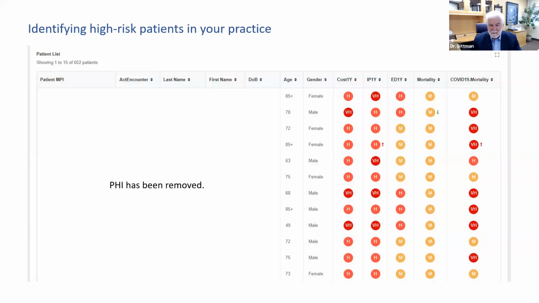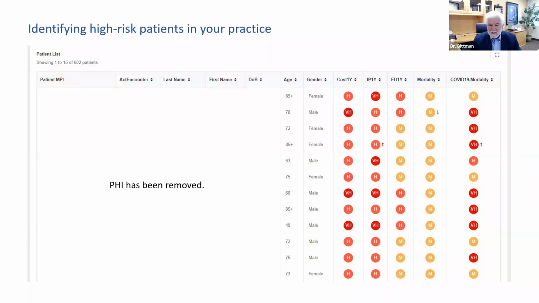You can see the ages of the patients, the genders. You can see which ones have the highest cost, which ones are hospitalized the most, which patients are seen in the ED, what their mortality percentages or potential, and what their COVID-19 mortality potential is as well.